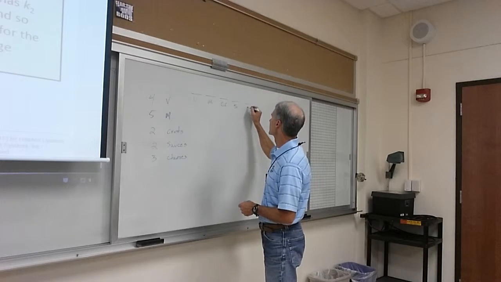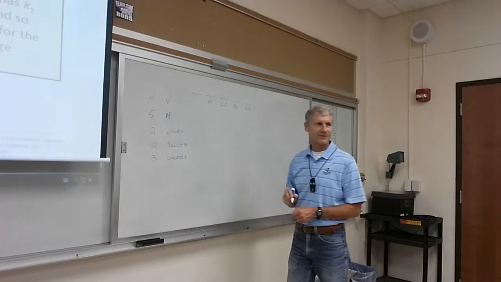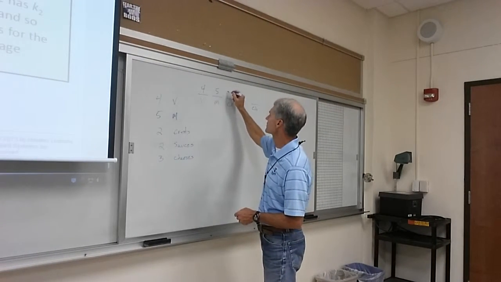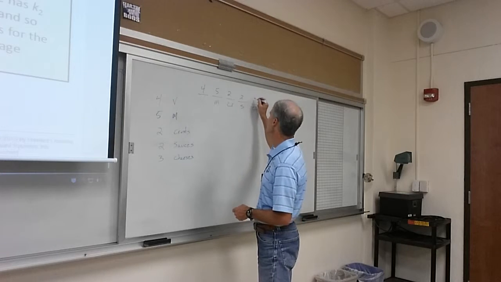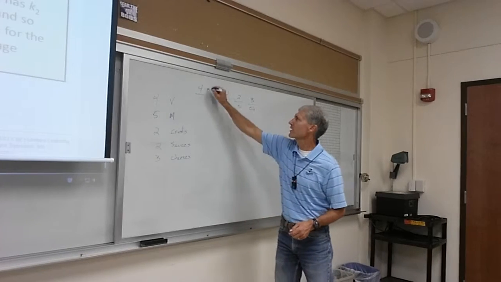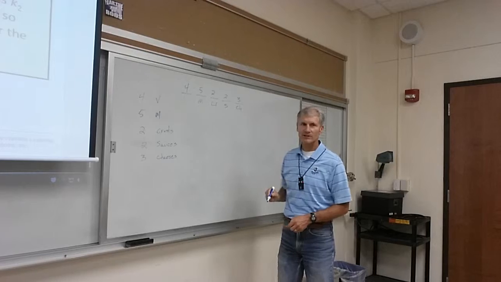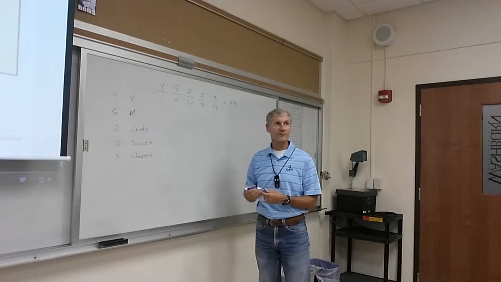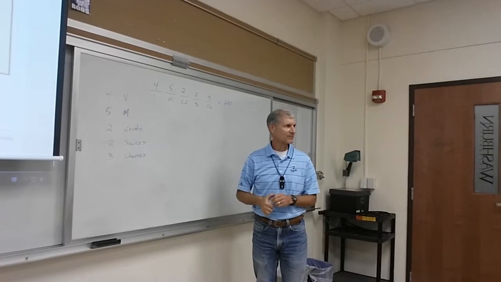So vegetables, there's 4 of those, 5 meats, 2 crusts, 2 sauces, and 3 cheeses. Multiply them together. What is it? 240. So there's 240 kinds of pizzas you can make.